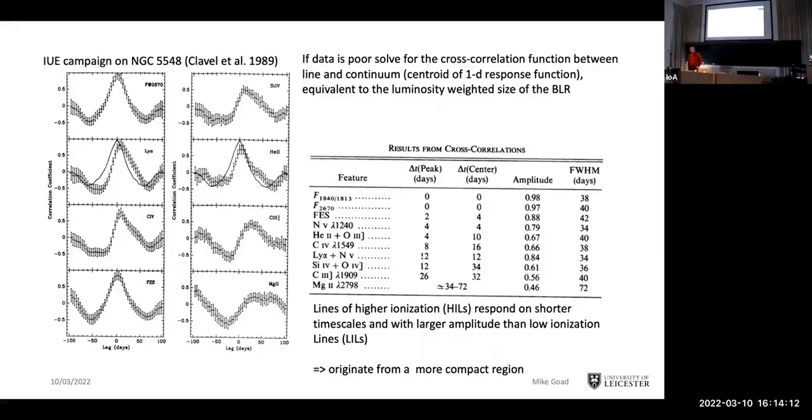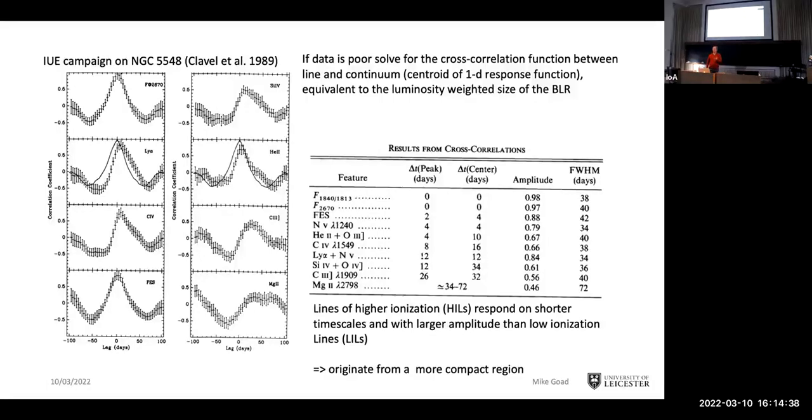So I'm going to quickly go through some of the early results. This first result came out when I first started my PhD back in 1989, back in the day. This was the early IUE campaign. With pretty poor data, you can measure the two light curves, the driving continuum or the proxy for it, and the emission line light curve, and you can cross-correlate them.